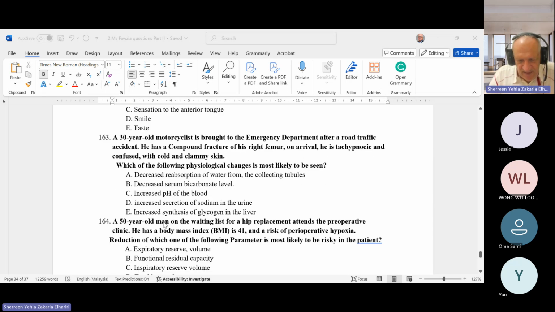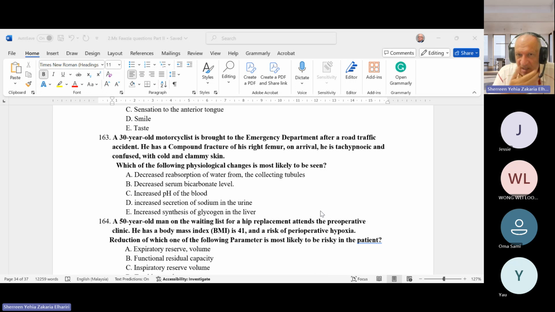Next question is a 30-year-old motorcyclist brought to the emergency department after an RTA. He has a compound fracture of the right femur. On arrival, he's tachypneic, confused, with cold and clammy skin. Which of the following physiological changes is most likely to be seen? Of course, this patient has metabolic acidosis because in trauma they have metabolic acidosis.